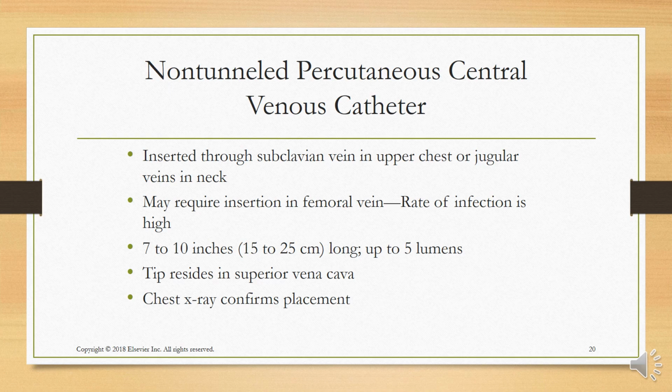Non-tunneled percutaneous central venous catheters are 7 to 10 inches long, and you can see right up there in the subclavian vein how it wouldn't have to be that long to get to right above the right atrium. Also note that the femoral vein is really huge, but that catheter does not reach all the way to right before the right atrium.